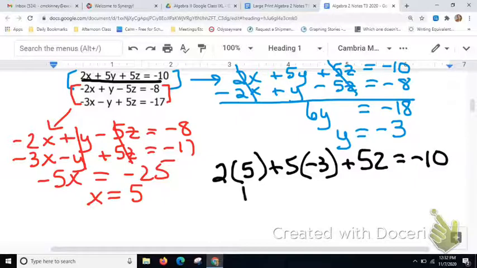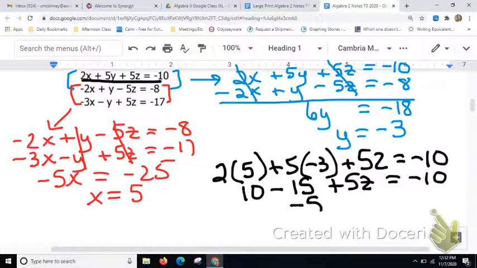So 2 times 5 is 10. 5 times negative 3, negative 15, or you could put plus negative 15, plus 5z is negative 10. Combine these two like terms, so that's negative 5 plus 5z is negative 10. Now let's just solve for z.